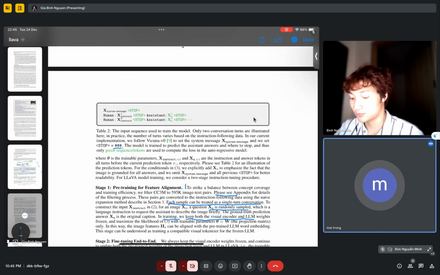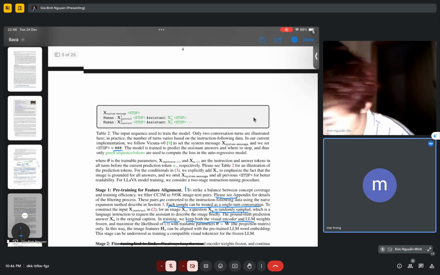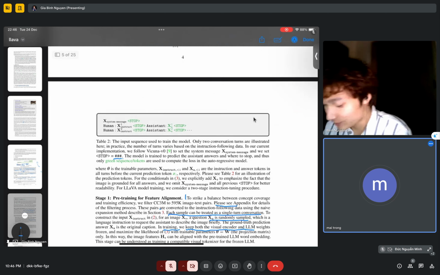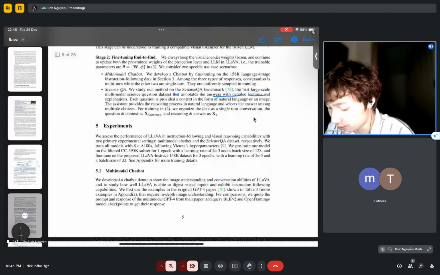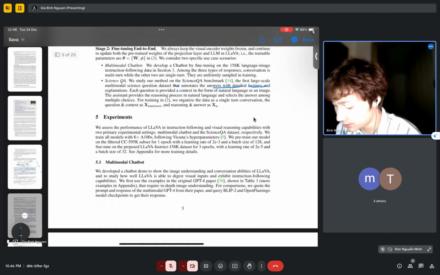So I have a question. What is the minimum hardware requirement to run this model? Are they mentioned in the paper? I think it's not a minimum, but I will find it here.